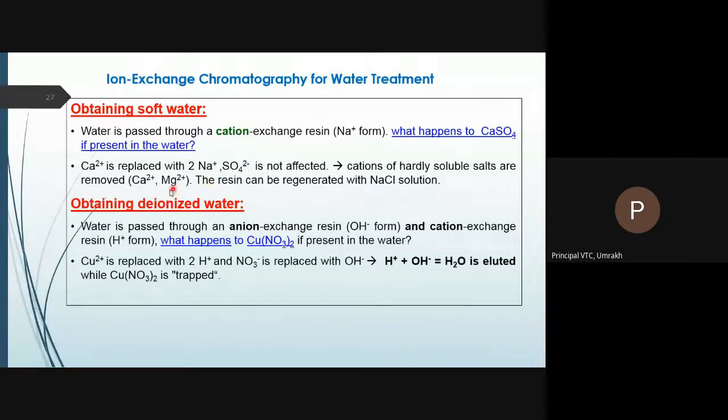We can obtain deionized water also. Water will be passing through anion exchange resin in OH- form and cation exchange resin in H+ form.